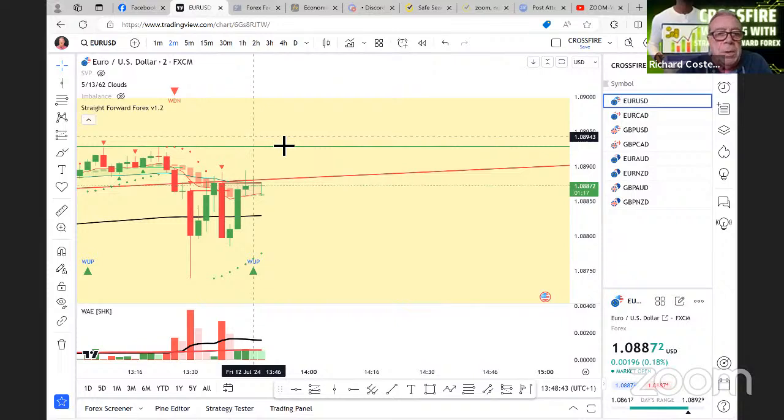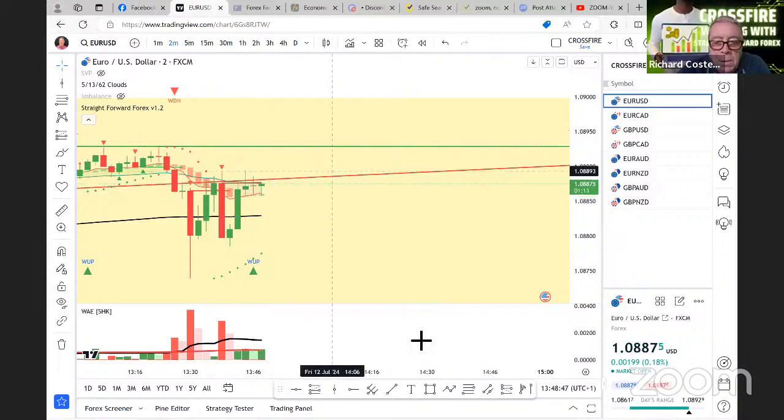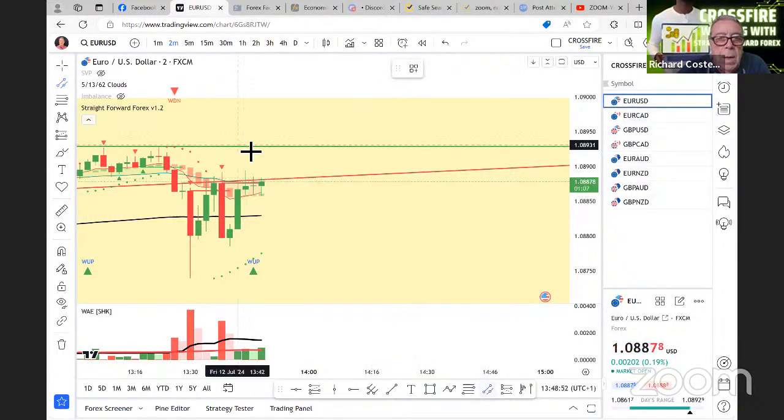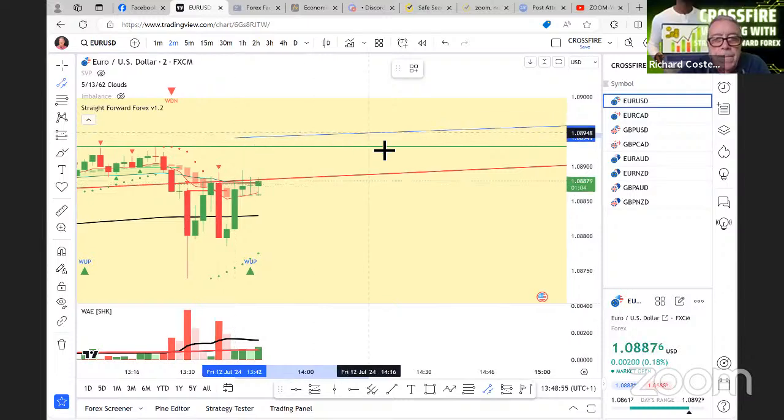So I need price to get above that trend line. I can do this with a parallel channel. So I need price to get above that line there for me to get in for a buy.